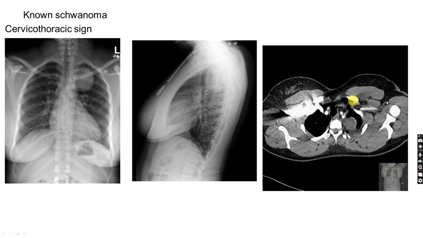Because above the clavicle there is air lateral to the lesion, and if the lesion is in the anterior mediastinum, there is no air above the clavicle in the anterior mediastinum. So that's why only in the posterior mediastinal lesions we can see the sharp lateral margin of these lesions, because of the air above the clavicle coming in the posterior mediastinum.